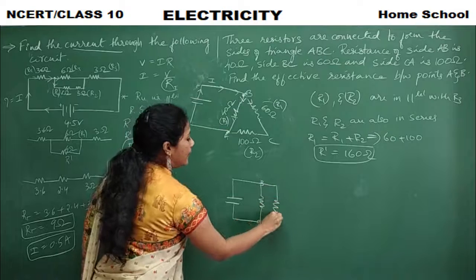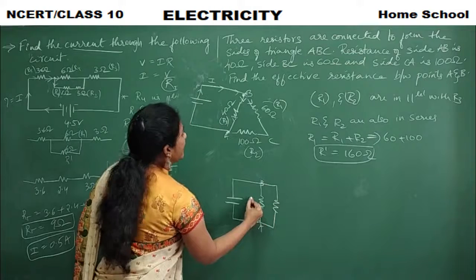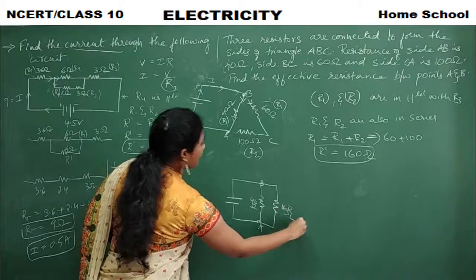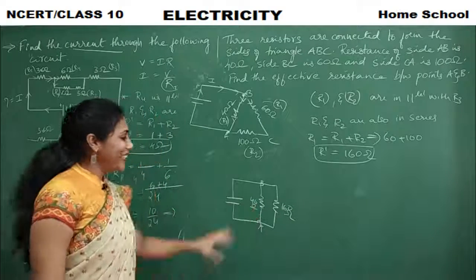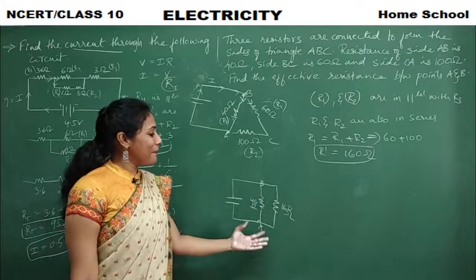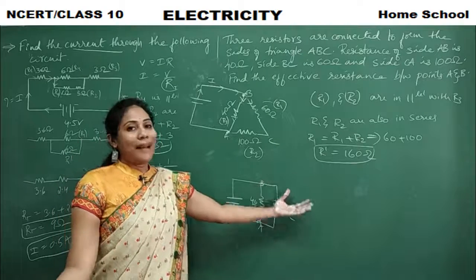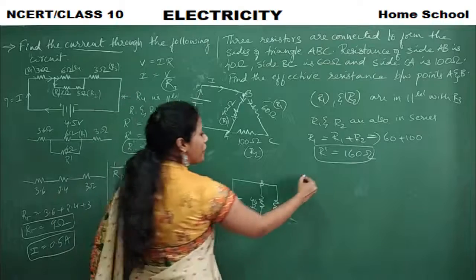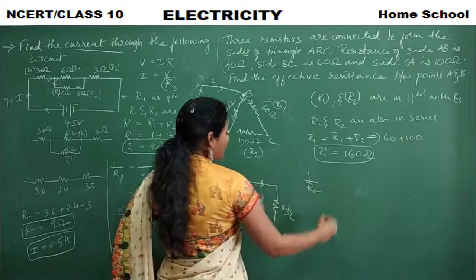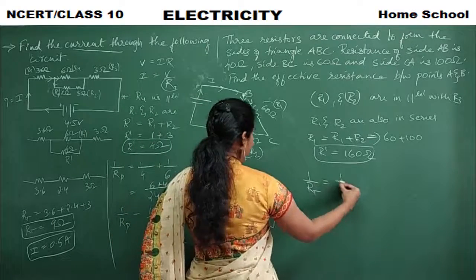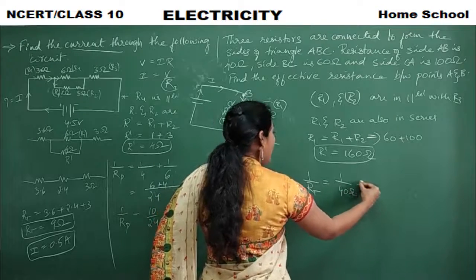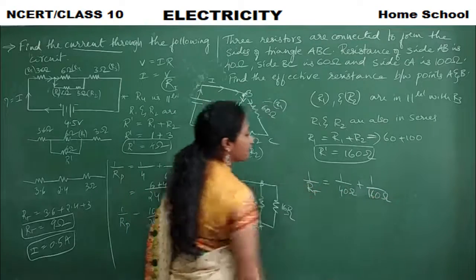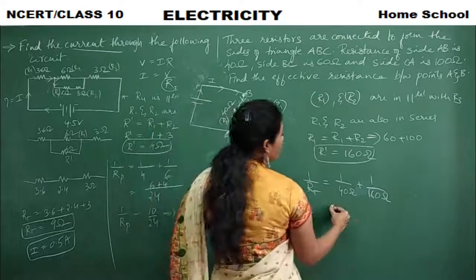So this is 40 ohms now and this is 160 ohms now. Now you understood, no? Completely, now this and this are in parallel. So apply the parallel combination formula and find out the total resistance. So what is R total? Total resistance is 1 by 40 ohms plus 1 by 160 ohms. Okay, so what do you do here?